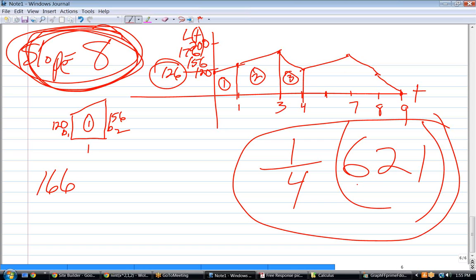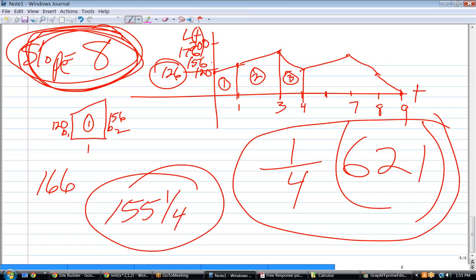Well, this average value looks to be about 150 something. 155 1/4. So right about there, if I were to draw a line through that, that would represent the average of L of t over the first 4 hours only, not for the whole thing.